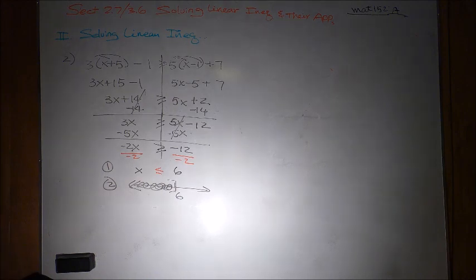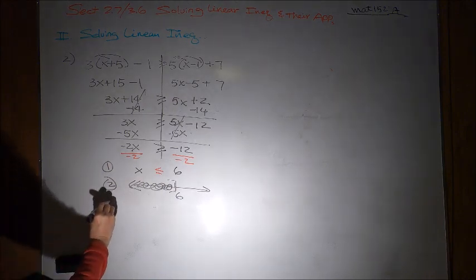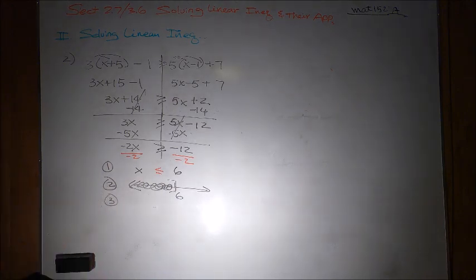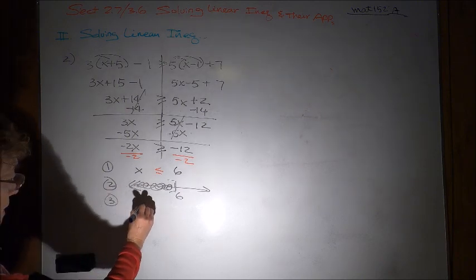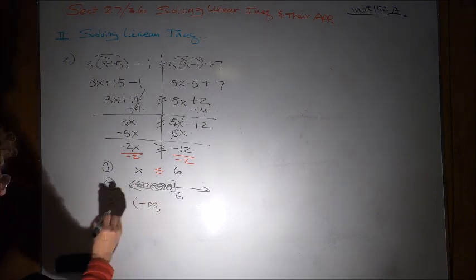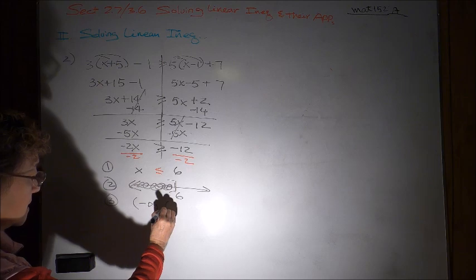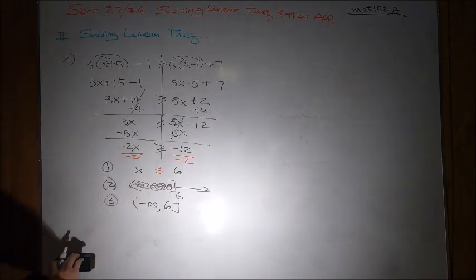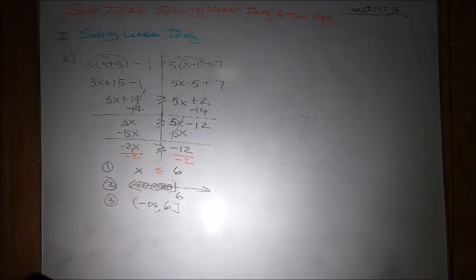So with bracket. We also describe it by what? Interval notation, right? So that would be what? Negative infinity with parentheses and 6 with what? A bracket. Is that right?